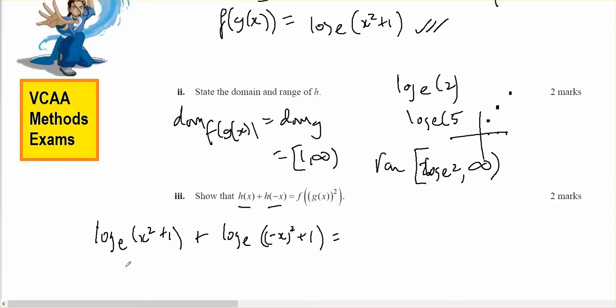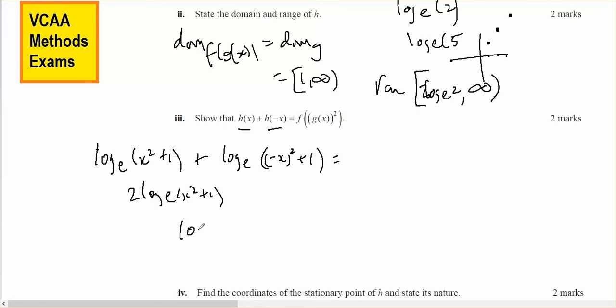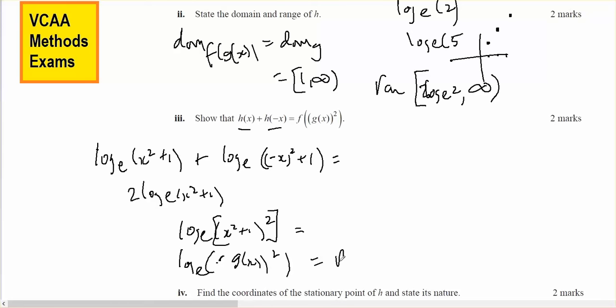So it's the same as 2 log base e of x squared plus 1, because negative x squared is x squared, which is the same as log base e of x squared plus 1 squared, which is the same as the squares on the inside, so it's the same as log base e of G of x all squared, which is the right hand side.